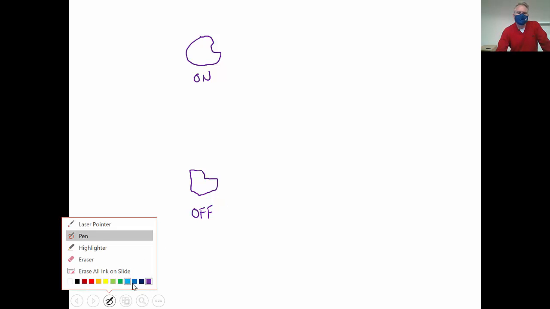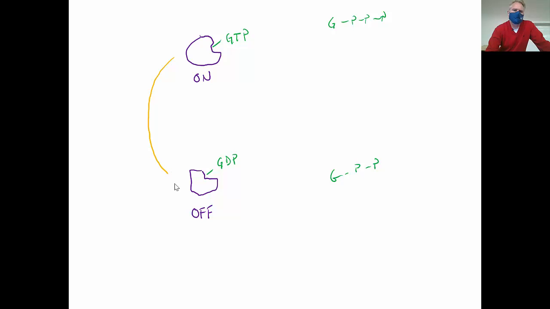And in one form, in the on form, they're bound to GTP, so that's a G with 3 phosphoryl groups. And in the off state, they're bound to GDP, which is just G with 2 groups. And so where we got to was we talked about how we go from on to off, and we had discussed how we go from off to on.